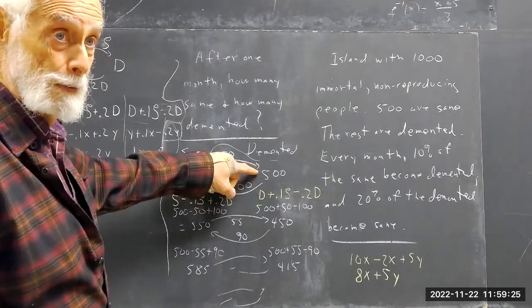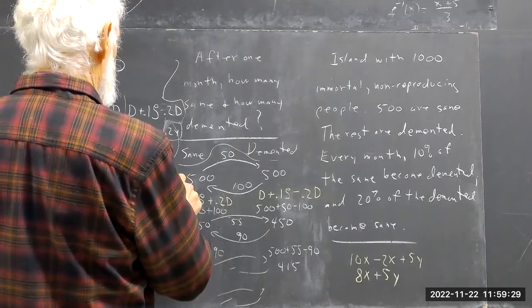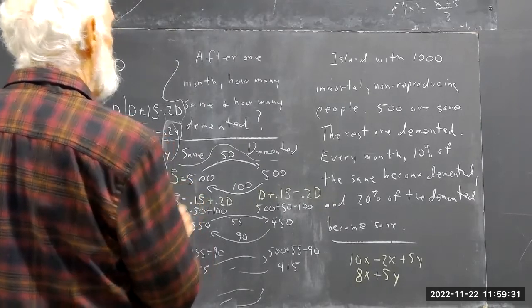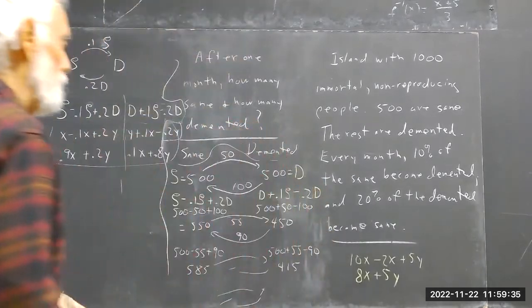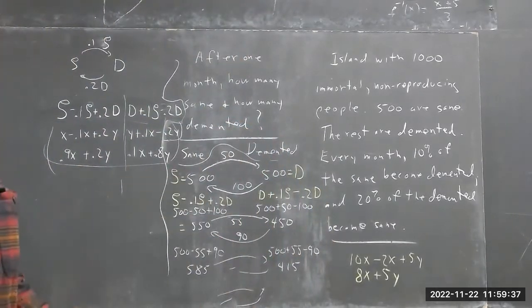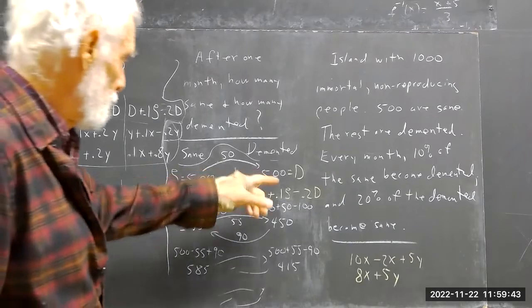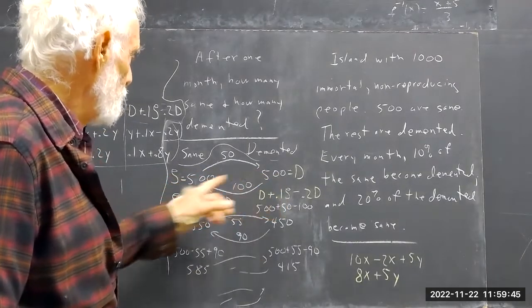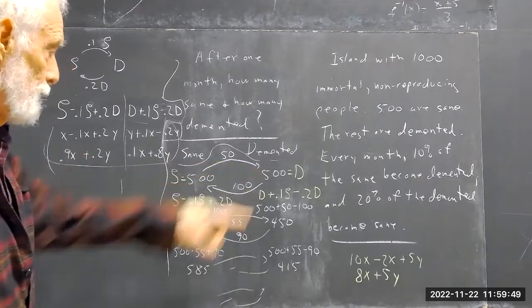D is also 500. So this is S. Over here, this is D. If I'd started with different numbers, the calculations would have been more complicated the first few transitions. So I wanted to start with the same number. But there could be a little confusion about why this is D and why this is S right there.